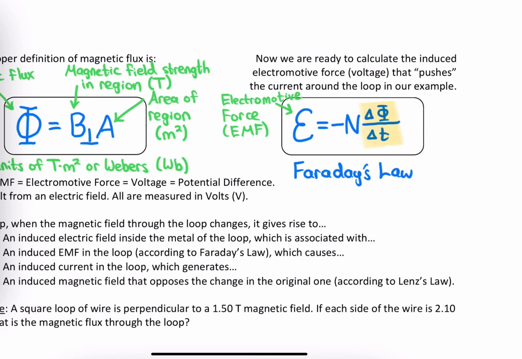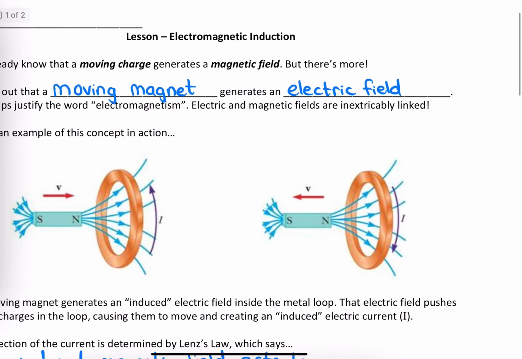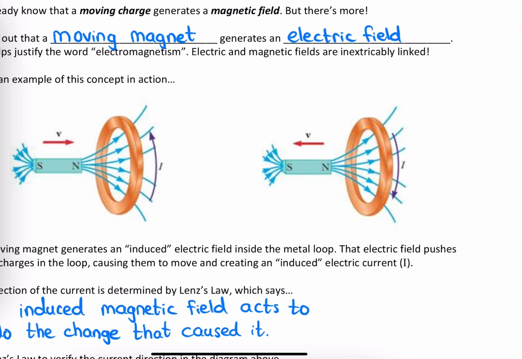Now this N here is important. N is the number of loops in my ring. In this example I just have one loop, but as we've seen before in this topic, if I take a strand of wire and loop it in many loops, I can often magnify the effect.